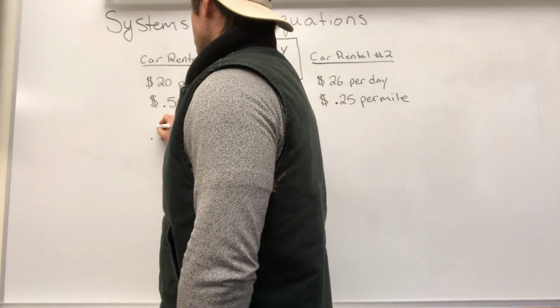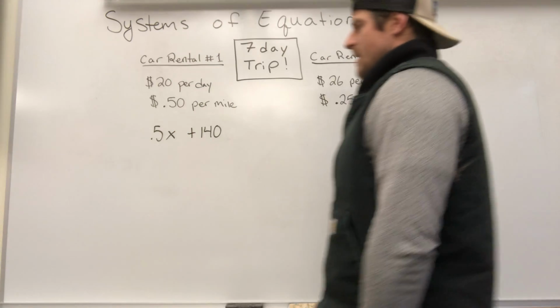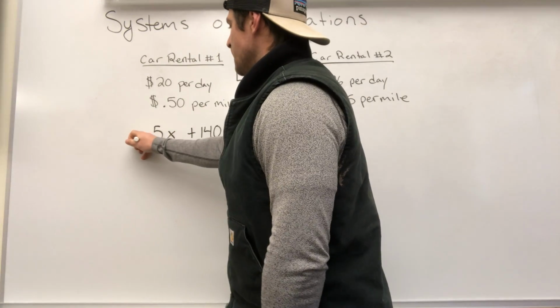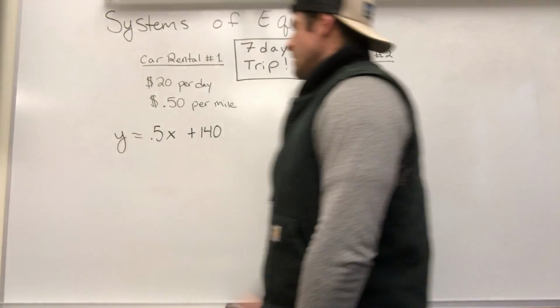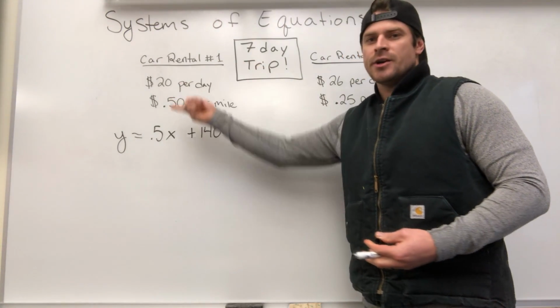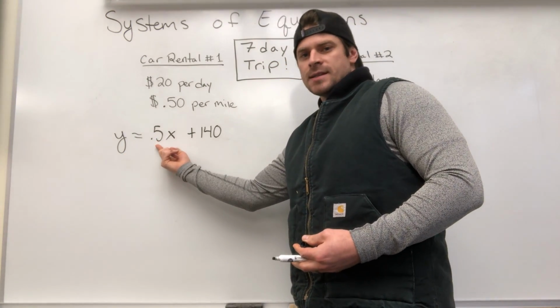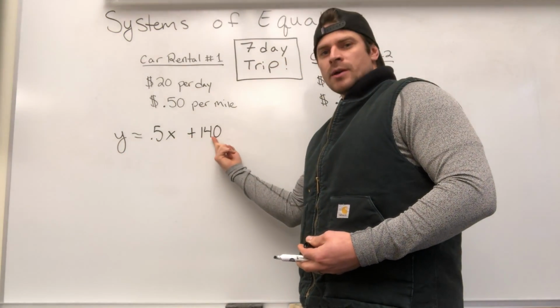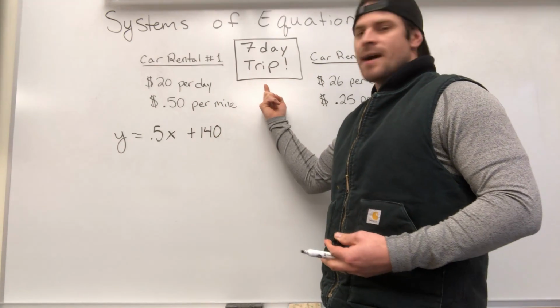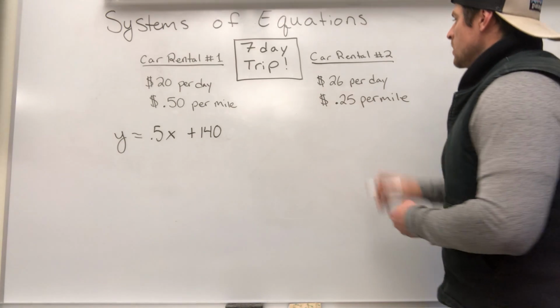We're gonna use X as representing miles, so 0.5x, and then Y can represent my total cost. So I've now created my first equation for this scenario with our first car rental. Total cost is gonna be 50 cents per mile plus the 140 because I know I'm gonna have that vehicle for 7 days.